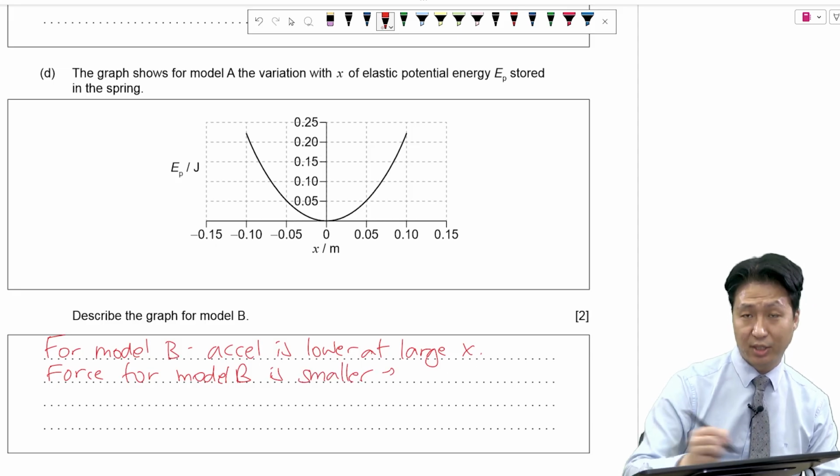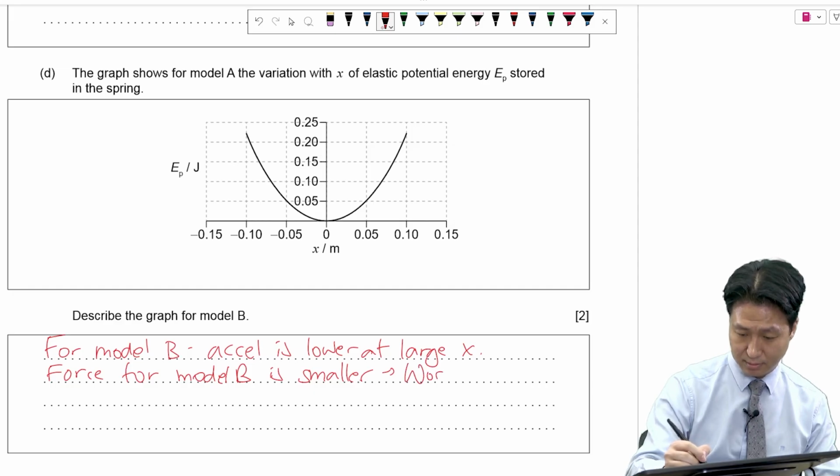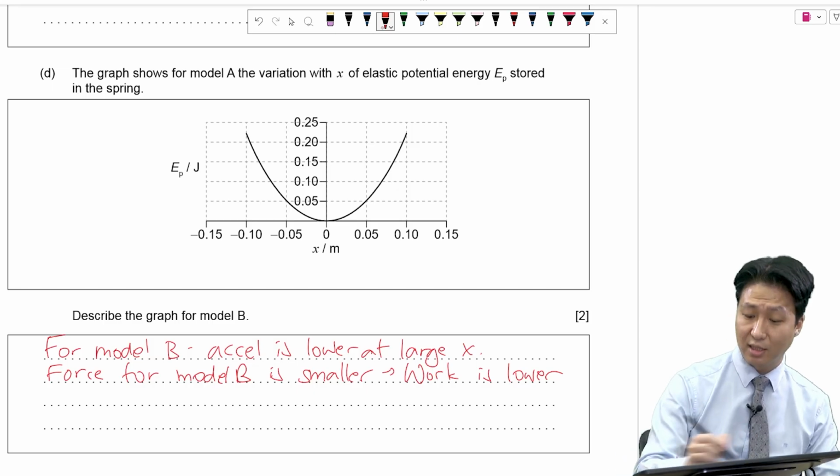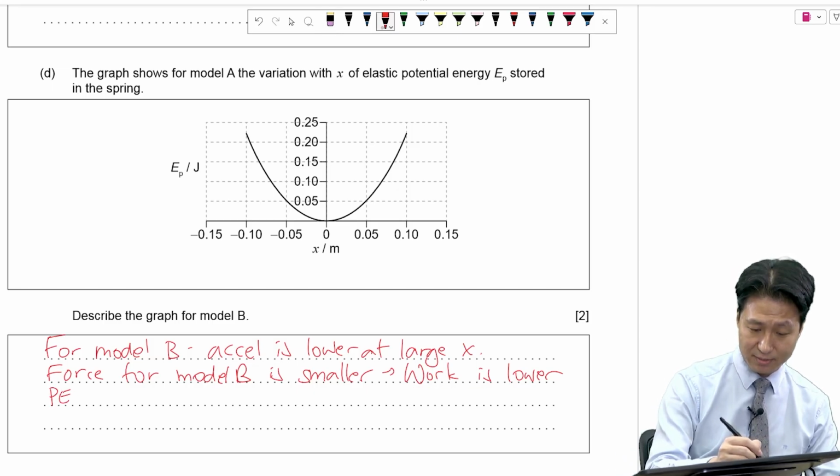Which means the work done is also lower. And that also means lower work means the potential energy stored is smaller.